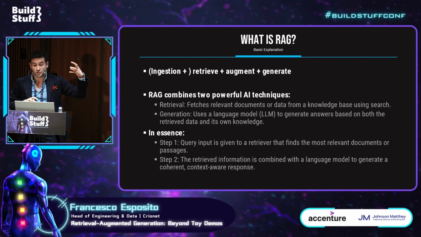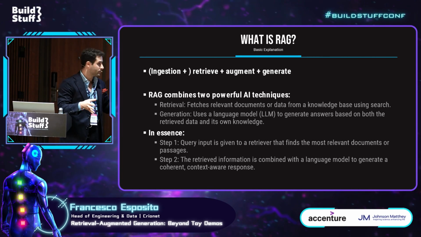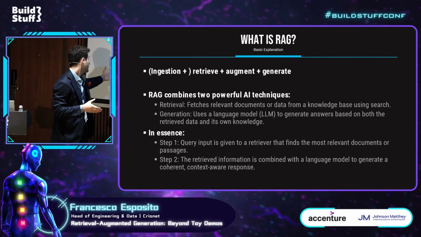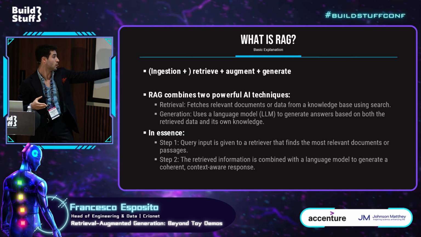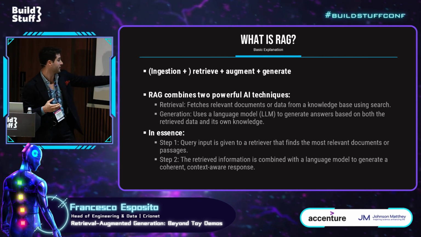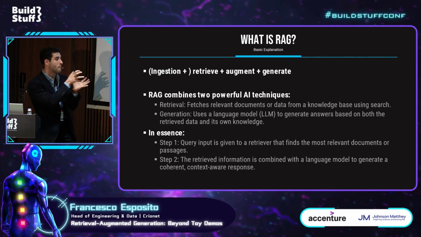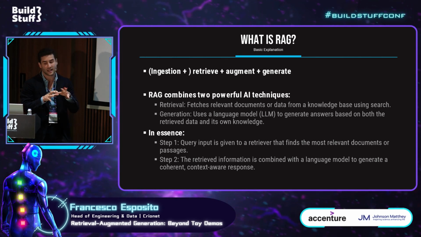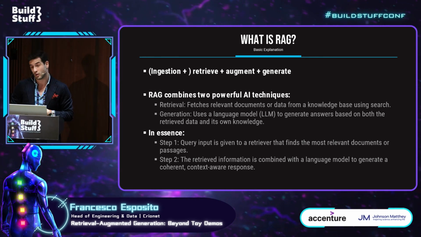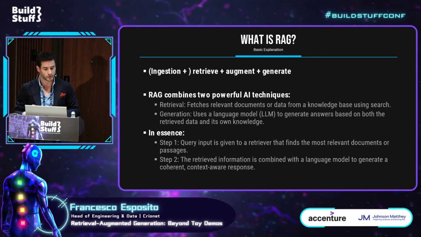We try to find relevant documents, and then we pass all these retrieved documents to the second step. So the retrieved information is combined with a language model to generate a coherent and hopefully correct answer.